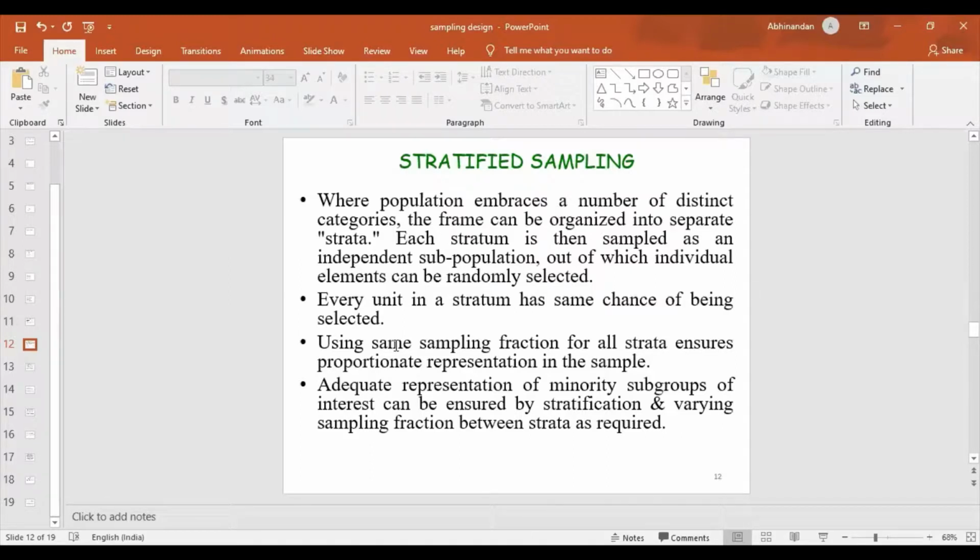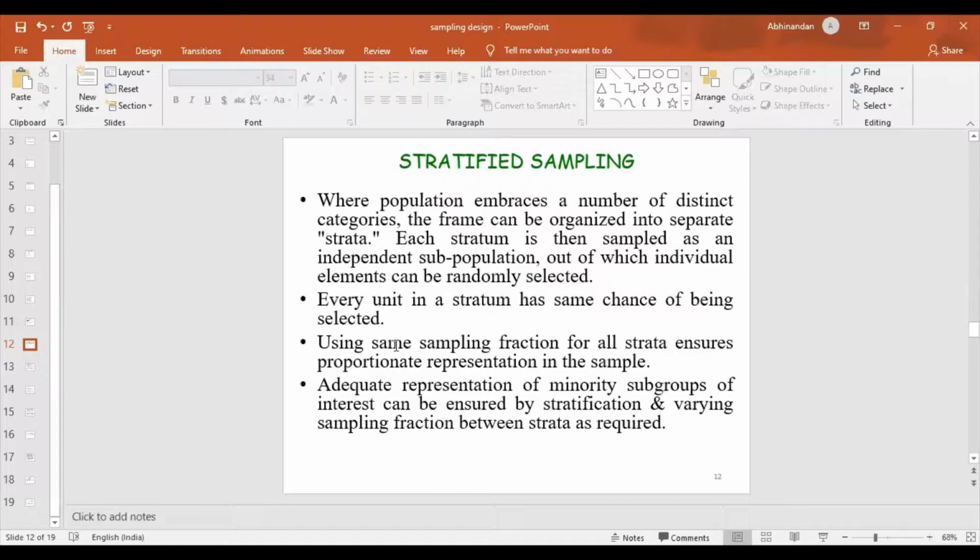So in stratified sampling, the population is college teachers. I categorize them based on their designation: principal, professor, assistant professor, associate professor, lecturer, and guest faculty. I want each category, so first I have to categorize on the basis of designation or any base.